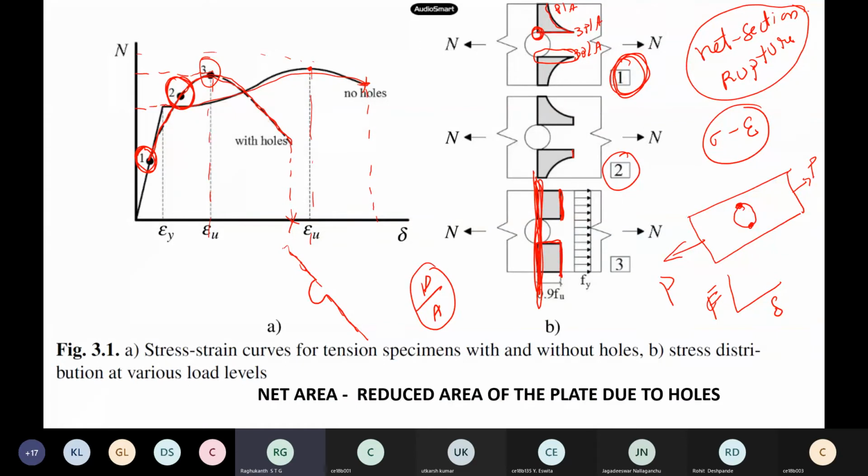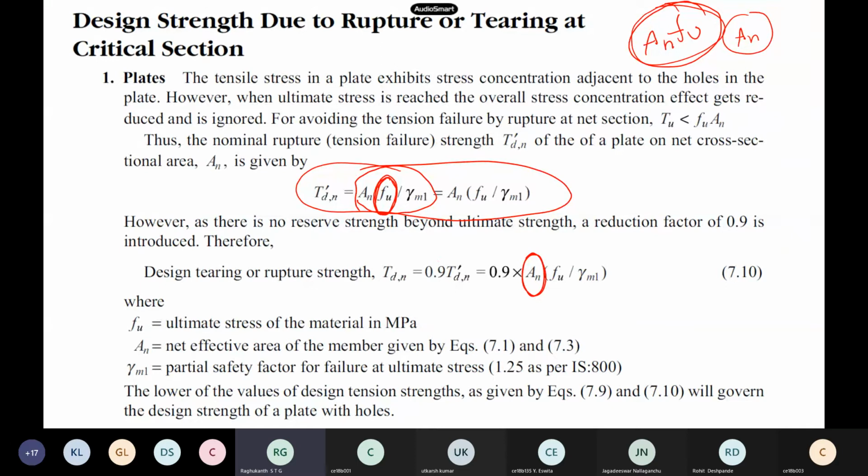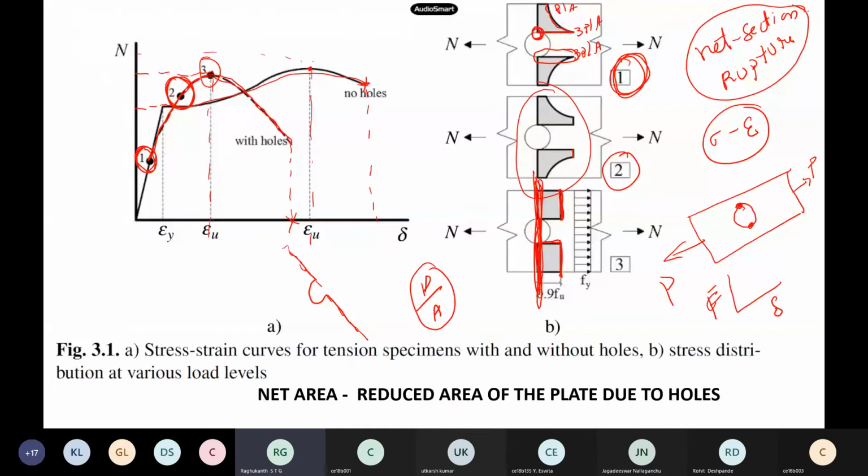The reason you will not see much ductility is that the stresses get redistributed among themselves. And then in our code they also give this 0.9. This is like another safety factor. Because we are going up to Fu, this portion, we are taking the maximum.